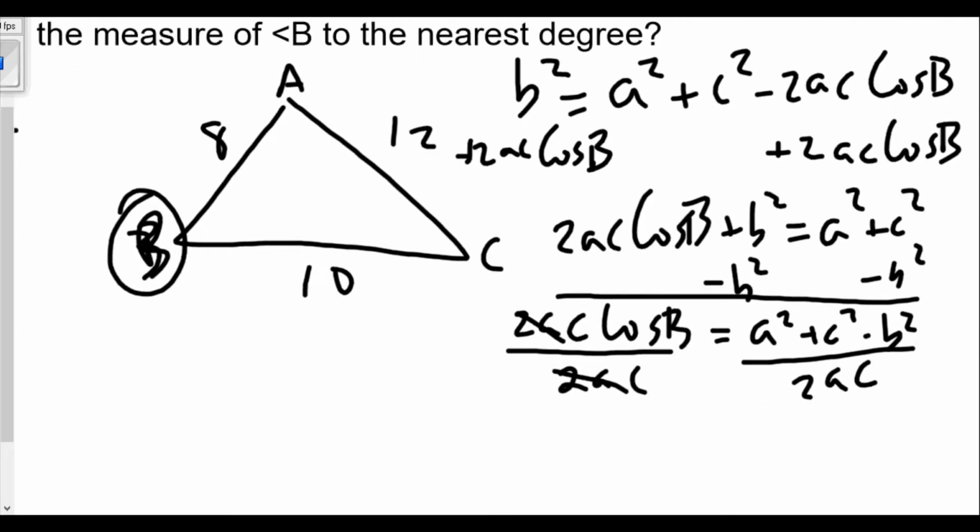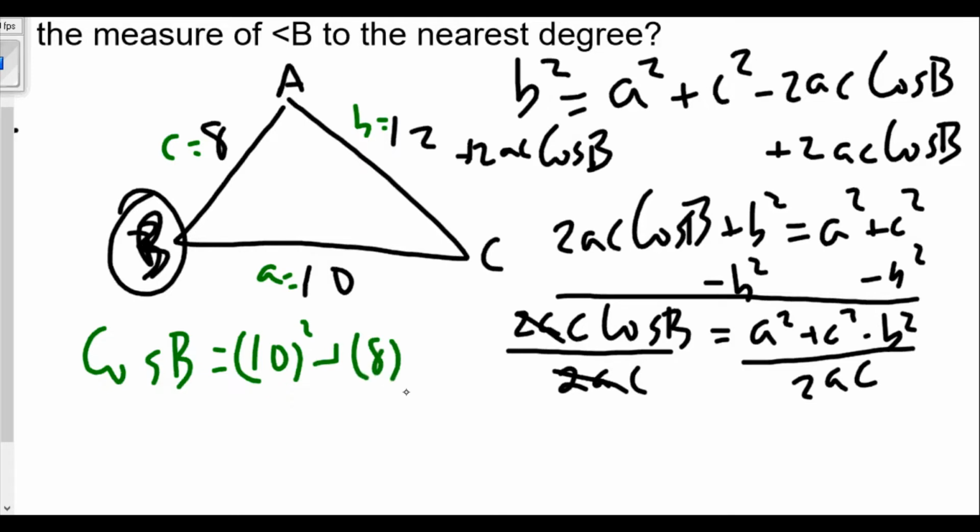So in this case, the cosine of B is equal to, now a is opposite of angle A, c is opposite of angle C, and b is opposite of angle B. So we have 10 squared plus 8 squared minus 12 squared, all over 2 times 10 times 8.